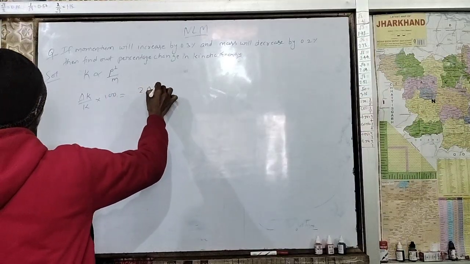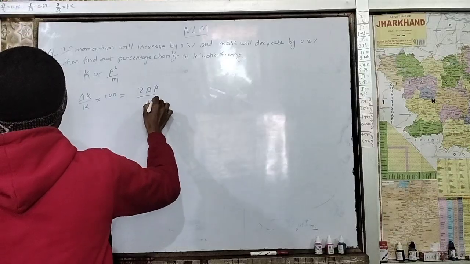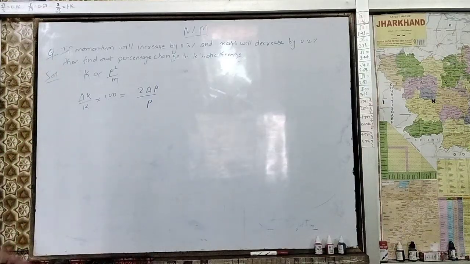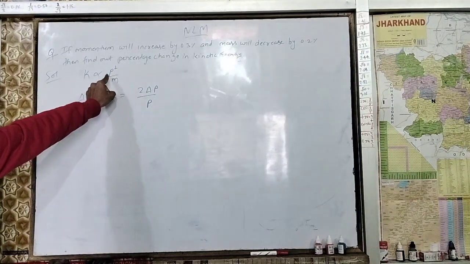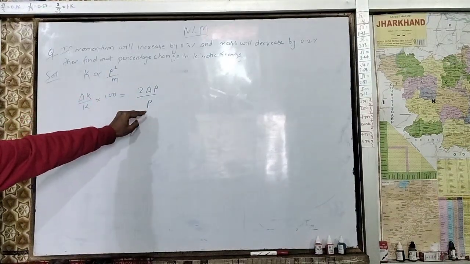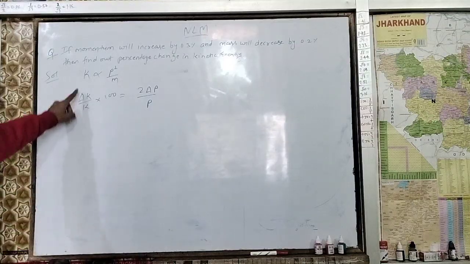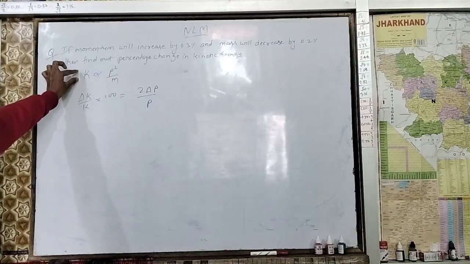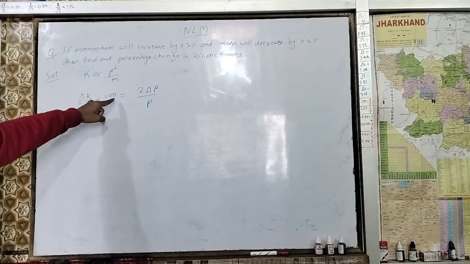This will become 2 delta p upon p. The reason is this 2 will come downward, and this complete delta p upon p1. We just converted this K into this form, delta K upon K into 100.